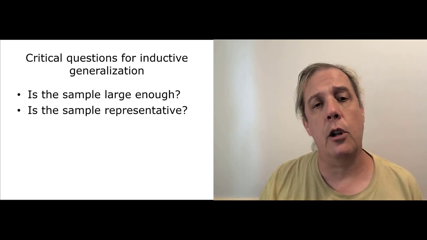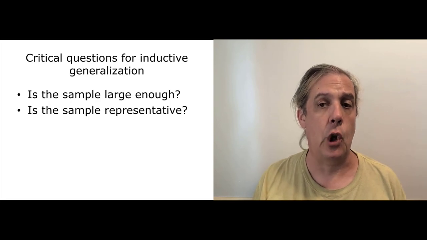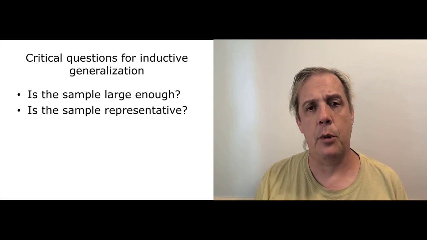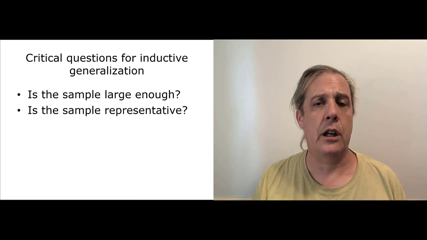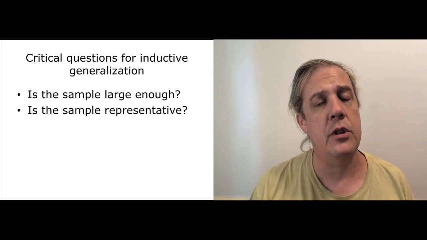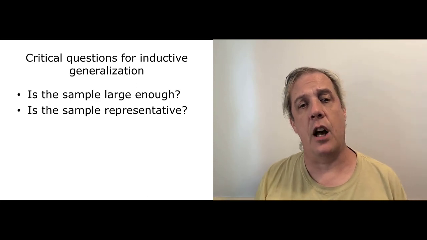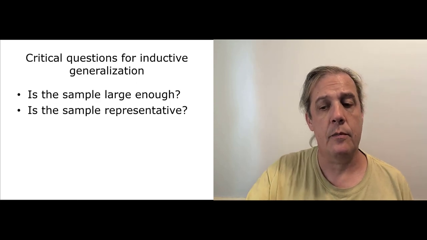So the two critical questions for inductive generalization are, is the sample large enough? And is the sample representative? So that's what we're going to be covering for the remainder of this section. We're going to be looking at these four argumentation schemes. And actually, the next one up is not inductive generalization, it is argument by analogy.